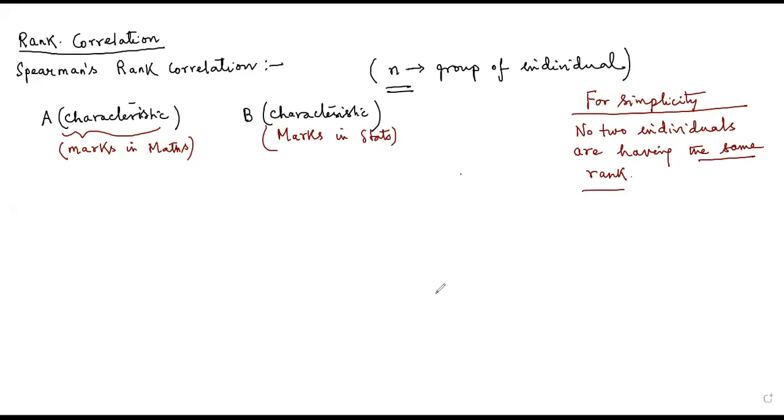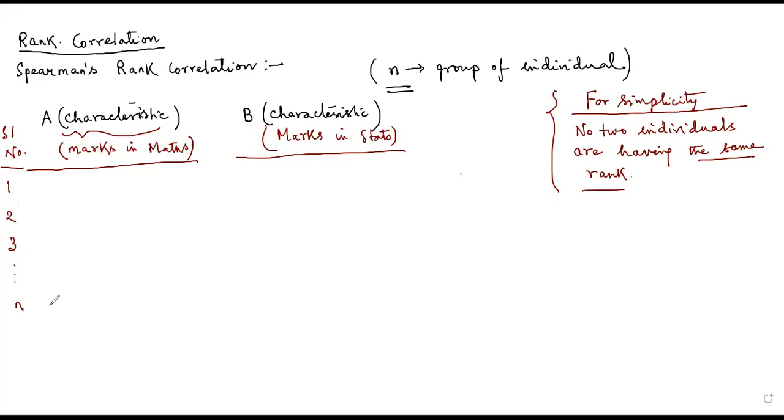Later we can generalize this section and see what happens if two ranks are the same. In this manner, we are arranging the group of individuals according to their rank. The only thing that remains common in this tabulation is that the number of individuals, 1, 2, 3 up to n, doesn't change. The number of individuals remains fixed.